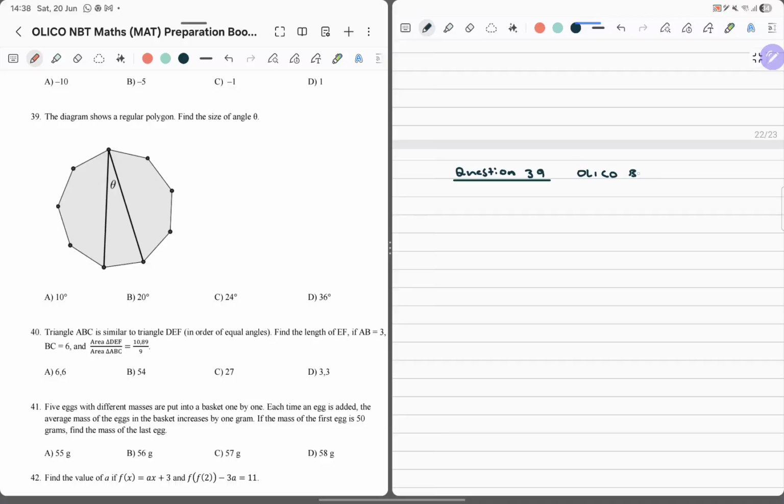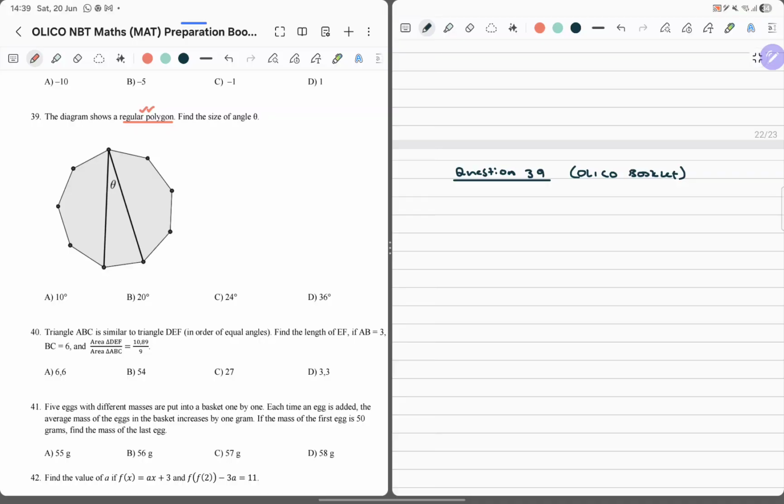You will find it in the description below. So again, the diagram shows a regular polygon. Please, this statement has to be given, or some property of it will be highlighted. Then you can apply the principles.